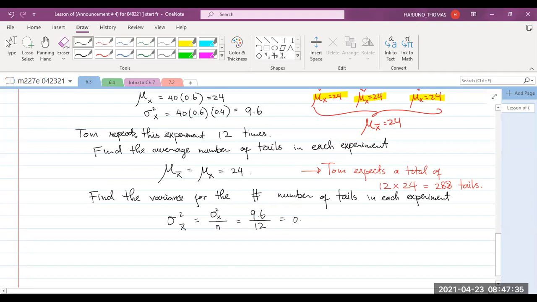That's 0.8. Therefore, the standard deviation of the expected number of tails for each experiment will be the square root of 0.8. Now again, the variance for the number of tails for each experiment is something we can explain better after we do 6.4. But for now, at least we get this.